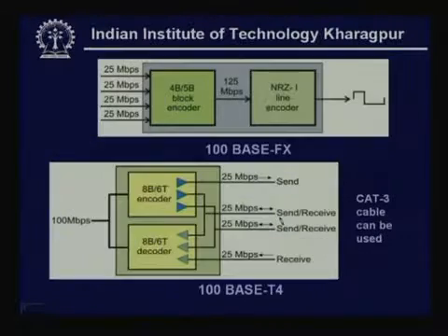On the other hand, in 100 base FX, where optical fiber is being used, NRZ inverse line encoding is used. The block encoding is the same, 4 bit by 5 bit encoding is being used. So, the baud rate is 125 megabits per second. You may be asking why Manchester encoding has not been used.